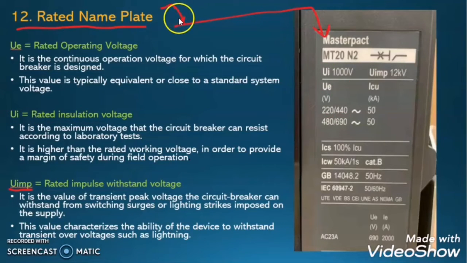Due to this lightning surge or switching surge, there will be a huge voltage across this circuit breaker. Suppose for this breaker the Uimp is 12 kilovolt. It means this breaker will withstand this lightning surge or switching surge up to 12 kilovolt.